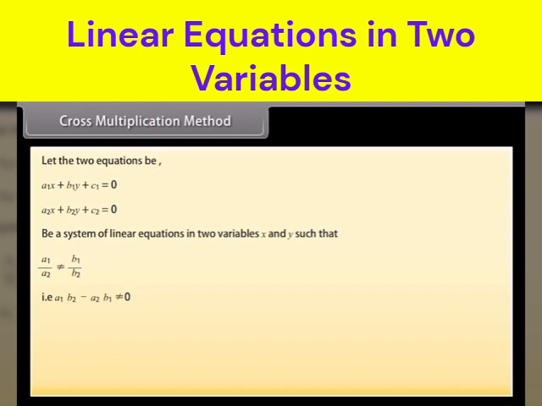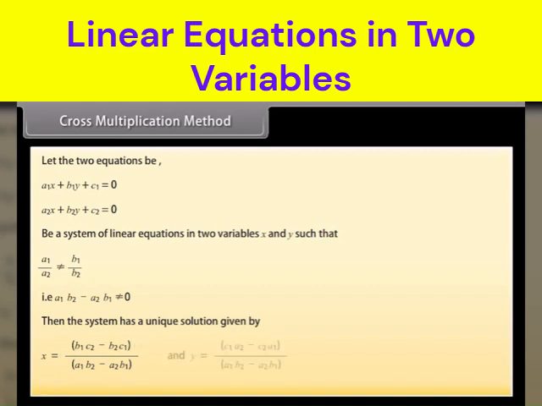That is, a1 b2 minus a2 b1 is not equal to 0. Then the system has a unique solution given by x is equal to (b1 c2 minus b2 c1) whole upon (a1 b2 minus a2 b1) and y is equal to (c1 a2 minus c2 a1) whole upon (a1 b2 minus a2 b1).